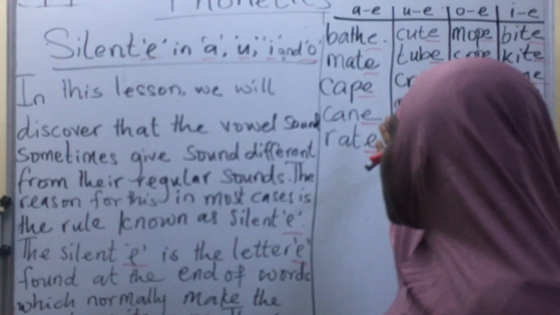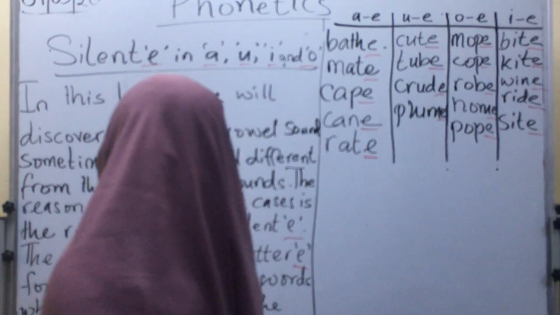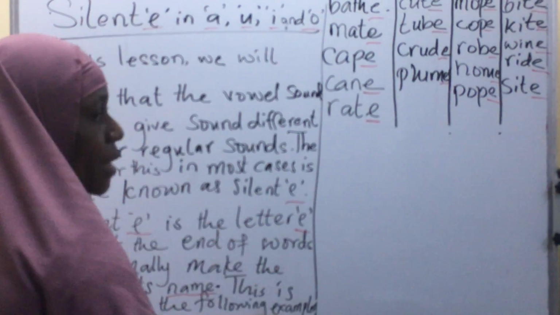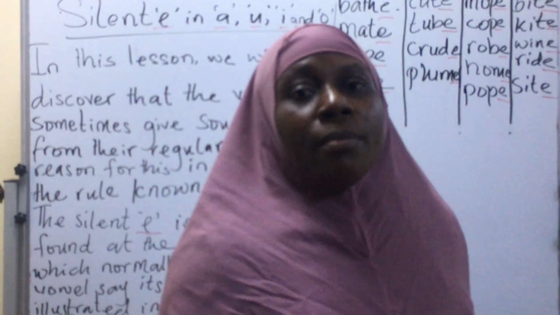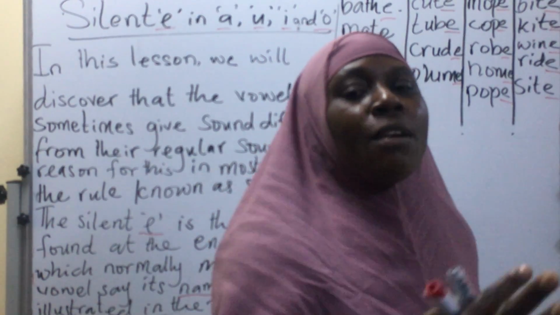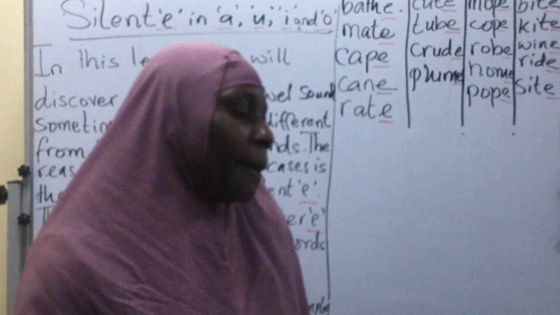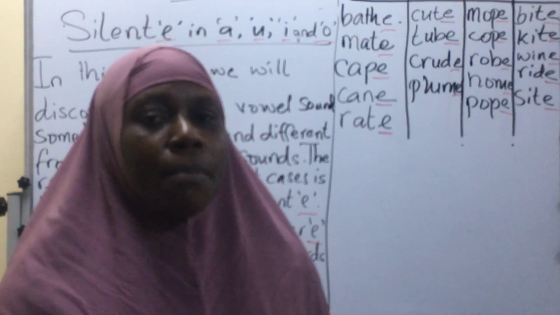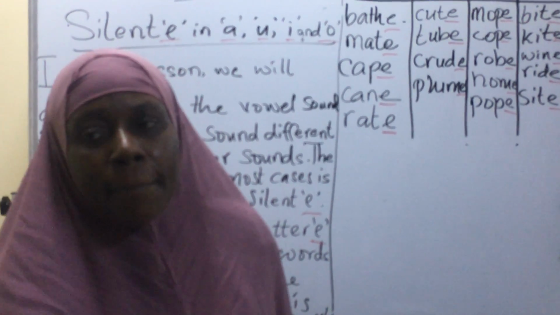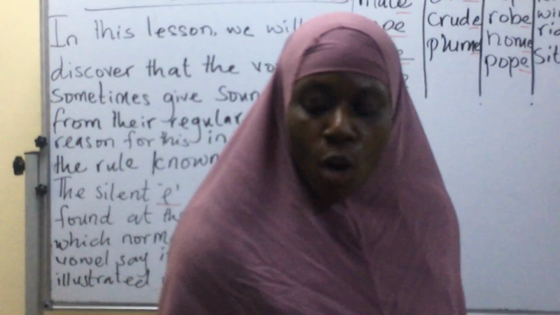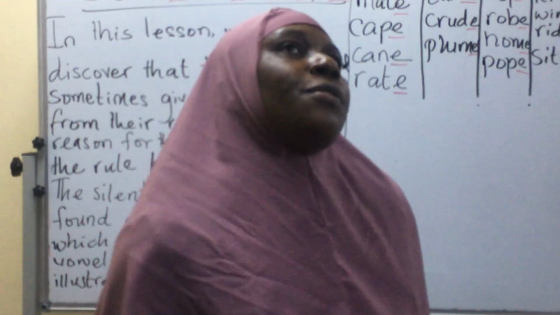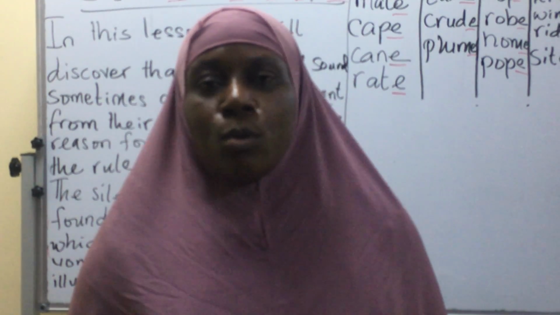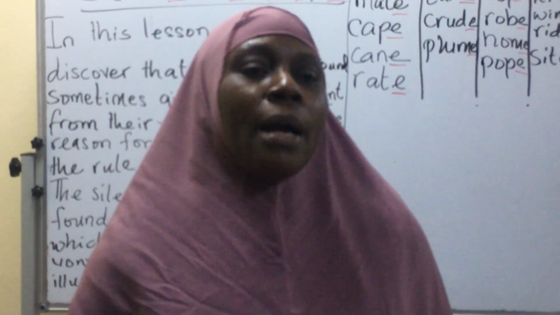Now we want to look at the examples here. The silent E makes the vowel before it say its name. Letters normally have names and they have sounds. Let's look at the letter A. The letter A, its name says A, but the sound is A. In words, normally, if you have P-A-N, we say its sound, so we have pan.